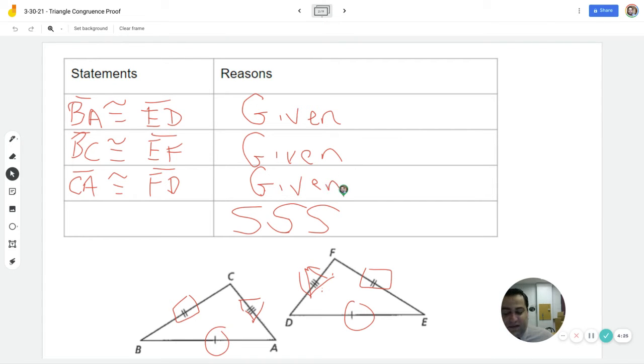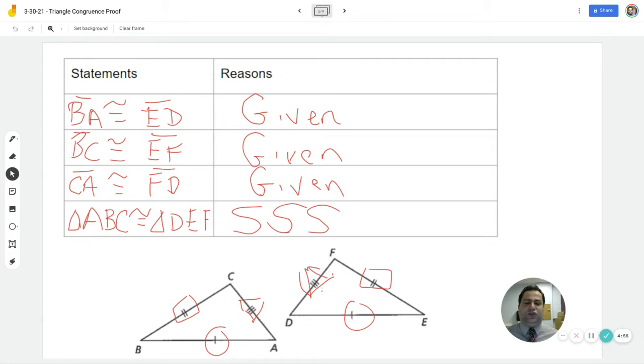And now once I have these line segments all filled in my statements, I can write a congruent statement. The good news is that all the congruent statements will be given to you on the test, so you just have to figure out what it is. So we have ABC. So you don't have to figure it out what it is, I meant to say. Is congruent to DEF. And that's by side, side, side.